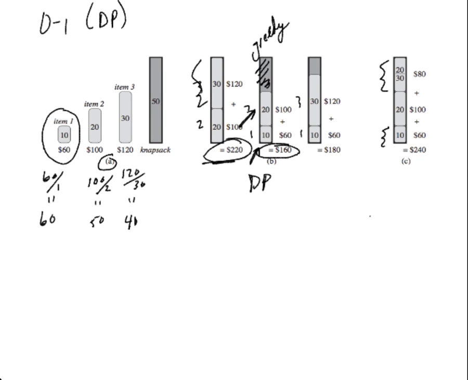So we use highest value, next highest value, and the next highest value. And we get something that's actually more valuable than the 0-1 approach. So that's an example of a problem with a very subtle difference that's going to cause us to require dynamic programming versus greedy.